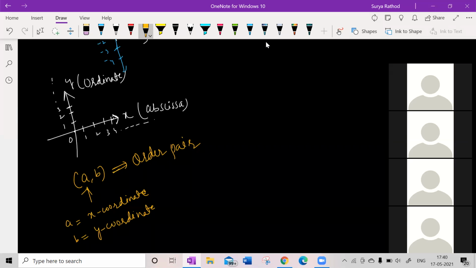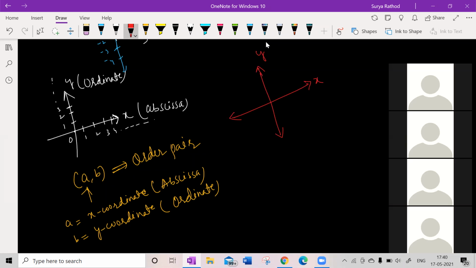So now look at this here. The x coordinate is called abscissa, and the y coordinate is called ordinate. Now in the question, what exactly is he asking?